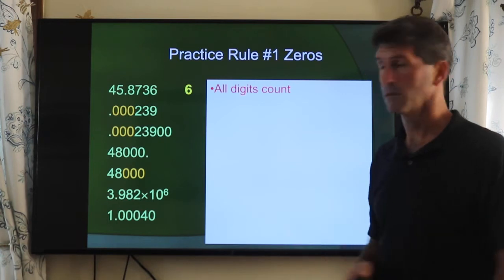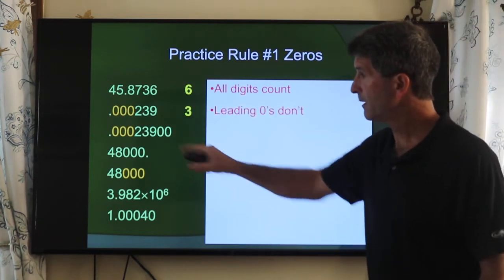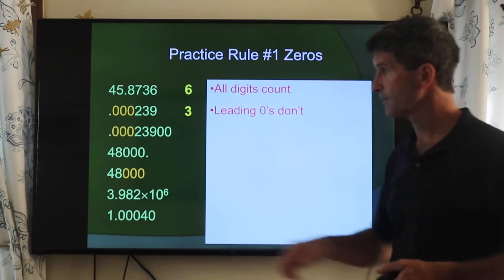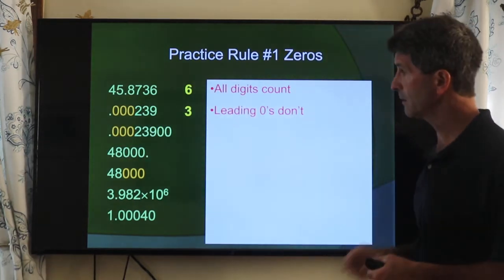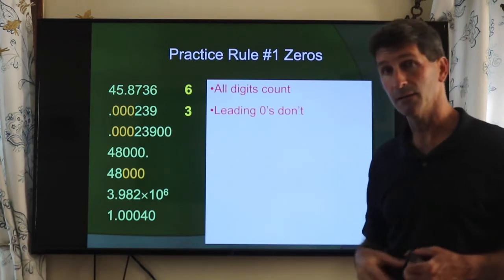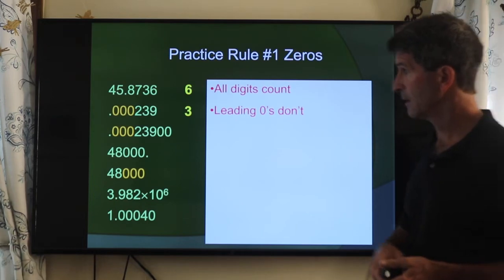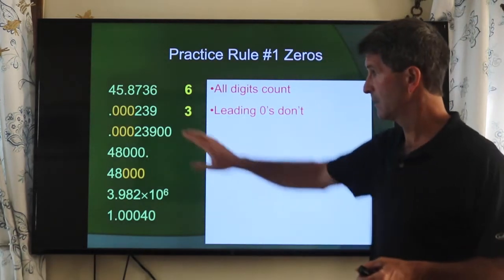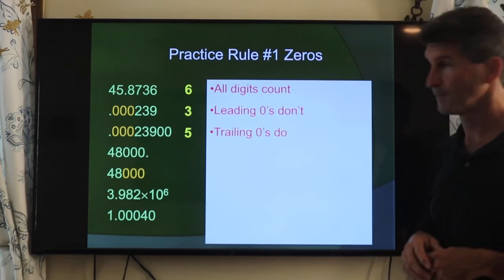So here, you only have 3 significant figures. Here, it's sort of a mixed bag. These 3 zeros are placeholders. But the 2 zeros on the end, they're definitely significant because they wouldn't be there otherwise. If only the 239 were significant, you would keep the 2 zeros off. So 5 significant figures for that one.